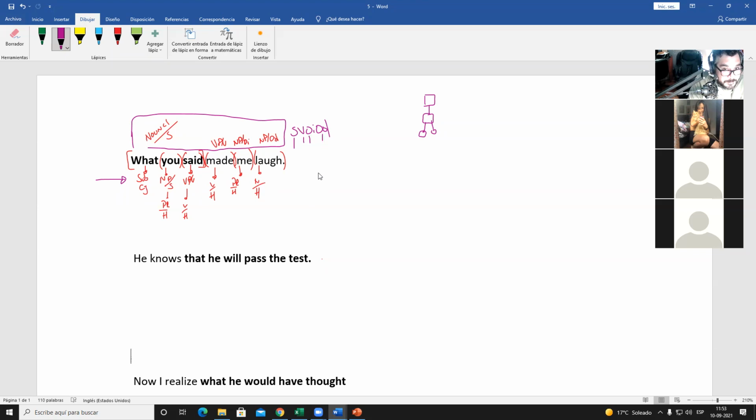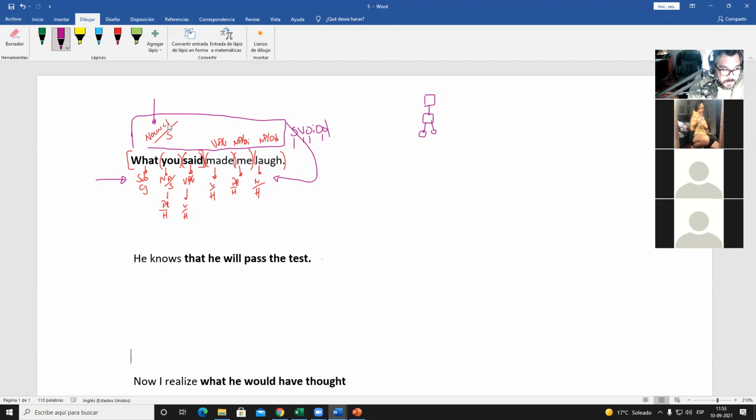La otra forma sería colocar esto acá abajo y continuar de aquí hacia abajo. Pero es lo mismo, ¿sí? Lo que no quiero es que te confundas con eso.